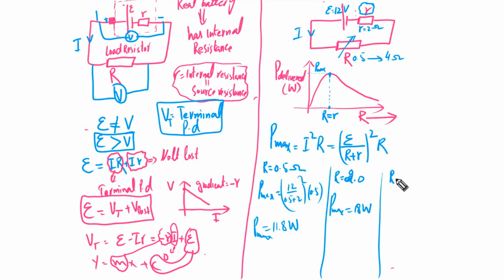And if you use R is equal to 4 ohms, you can plug in this formula and you will get P max of about 16 watts. You can plug in any number and test this one. You will get the maximum value when this R is equal to 2 ohms. So this is a very important point. If you keep this in your mind, you will look at the question and you will be able to answer.